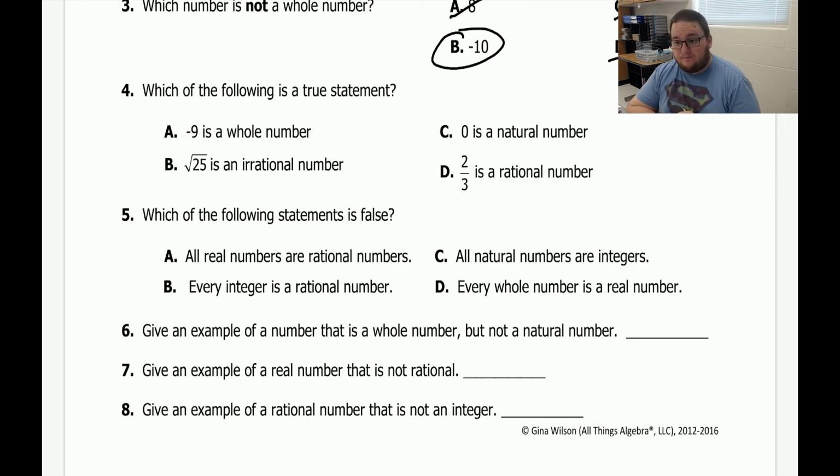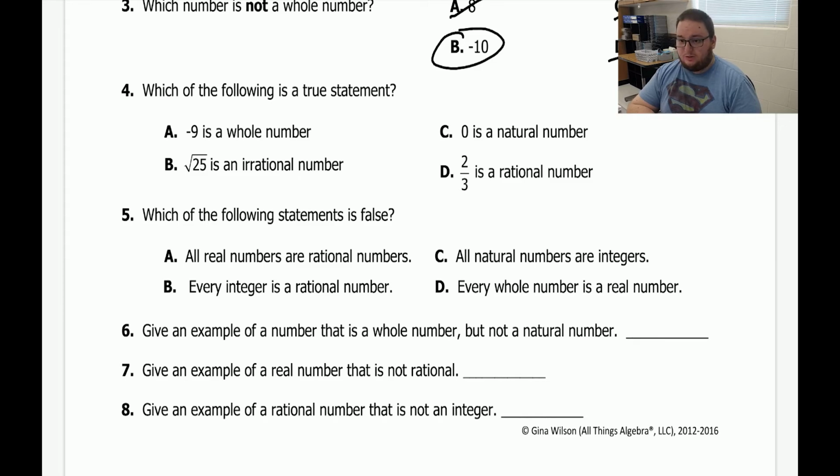Moving on to the final half of this section, we have which of the following is a true statement? A, negative 9 is a whole number. B, the square root of 25 is an irrational number. C, 0 is a natural number. Or D, 2/3 is a rational number. So what you have to do is go through each one and think about it.